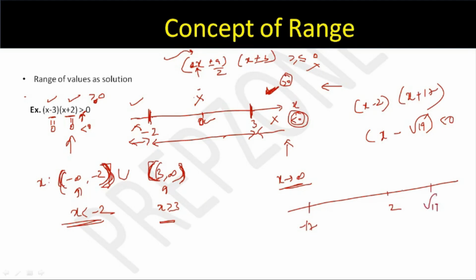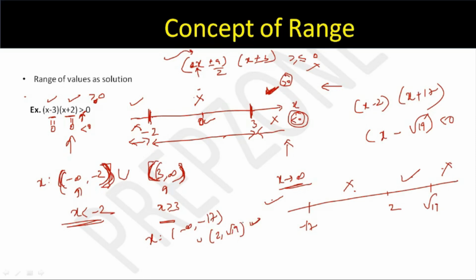You have plotted it. So how many segments are there? 1, 2, 3, and 4 segments are there, right? The sign is less than, so you won't include this. You will include this. Then this is not included. And then this is included because there is a less than sign. The value of x has to be minus infinity to -17 union 2 comma root 19. That becomes your answer.